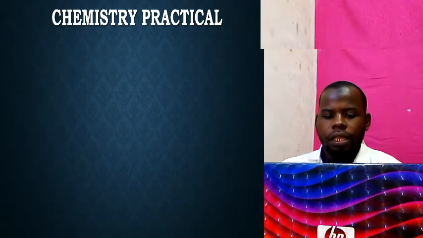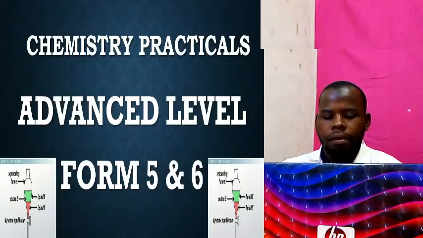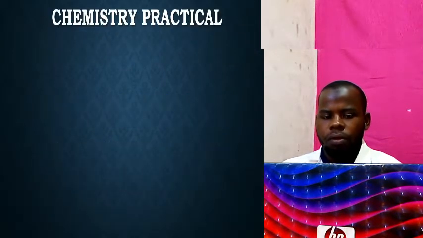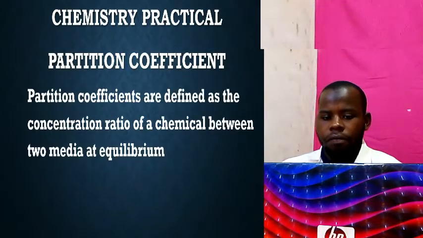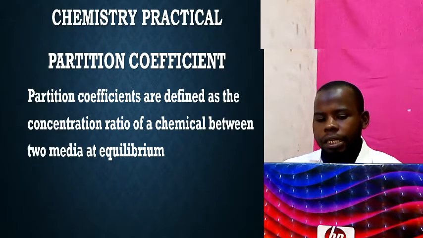As you see in the first image there, there is a separation of two liquids. So we use partition. That is the concept of partition coefficient, the concentration ratio of a chemical between two media at equilibrium.